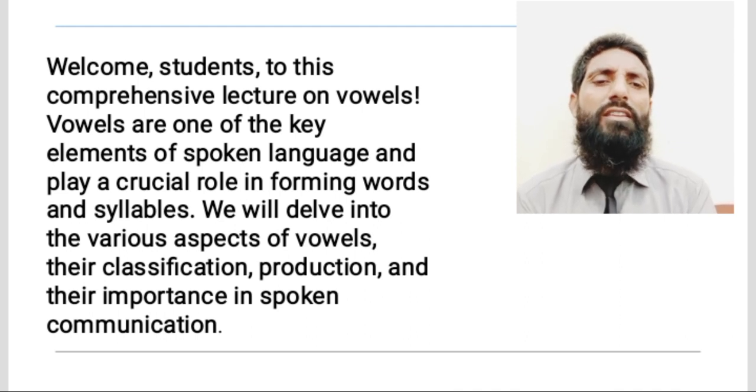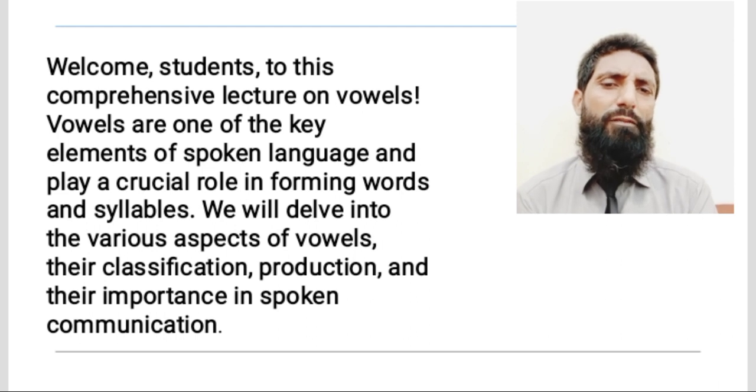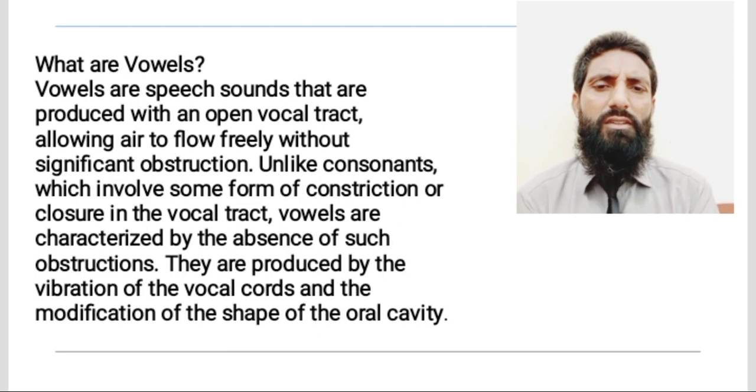When there is a written piece of writing, you just have to spell correctly, and it will be no issue for you. But when you are going to speak, you must be well familiar with the proper pronunciation, how you have to sound the words. What are vowels? Vowels are speech sounds that are produced with an open vocal tract, allowing air to flow freely without significant obstruction.